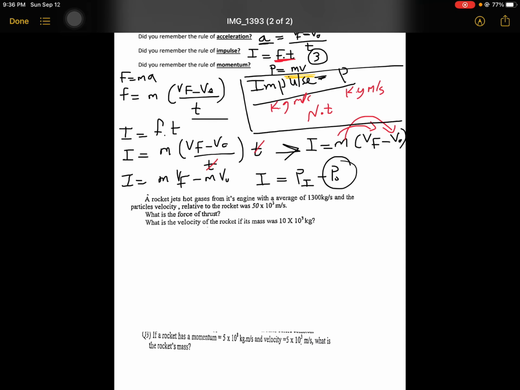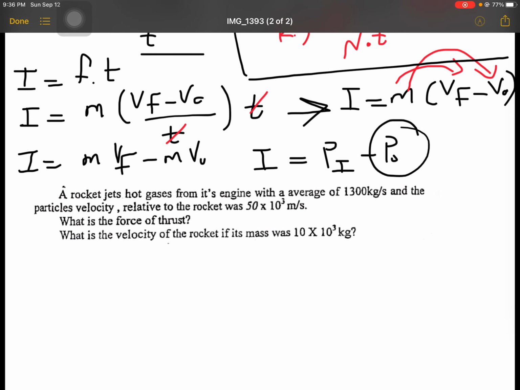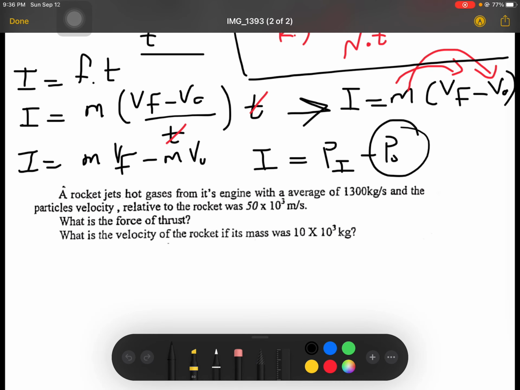Okay, now let's go back and answer this question. The question says a rocket gets hot gases from its engine with an average of 1300 kilograms. So this is the mass of gases, equal to 1300 kilograms.